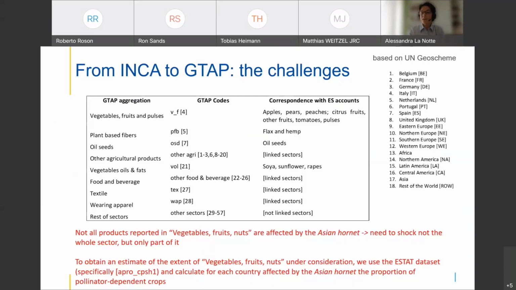From that we had a general estimate that we applied. We are aware that this kind of disaggregation is very rough, but we needed an example to break the ice, let's say.